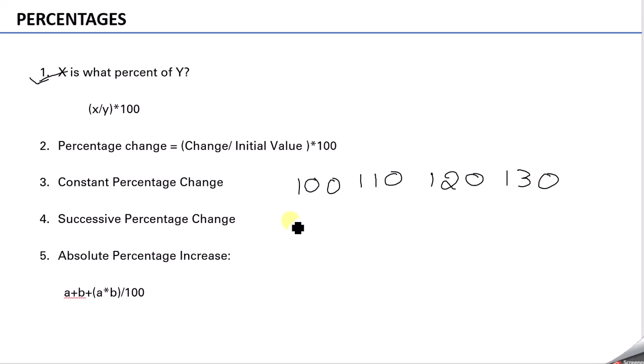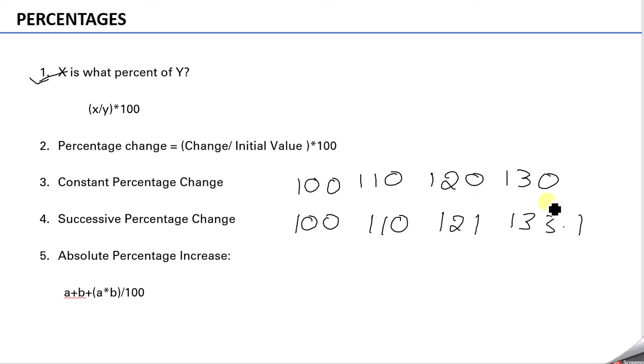But successive percentage change is different. It will start with 100, then we take 10% of 100, which gives us 110. Now we take 10% of 110, which gives us 110 plus 11, 121. Now we take 10% of 121 and add it, which is 121 plus 12.1, 133.1 and so on.